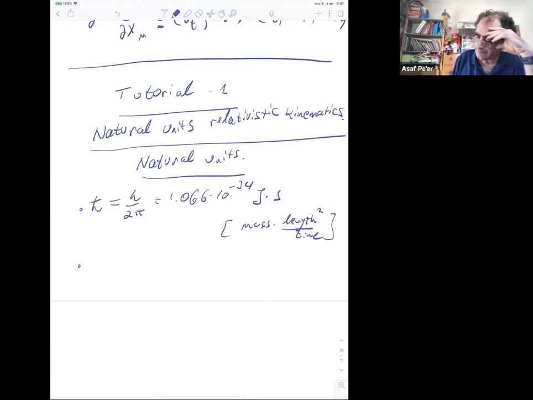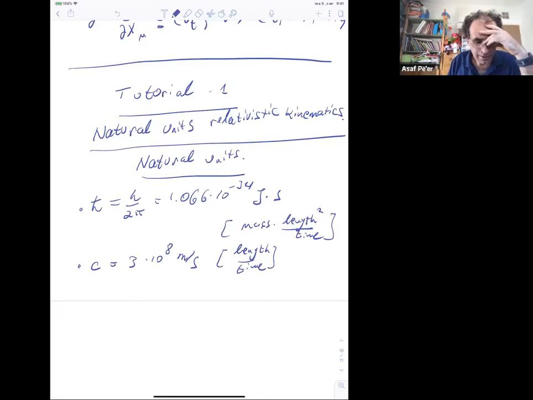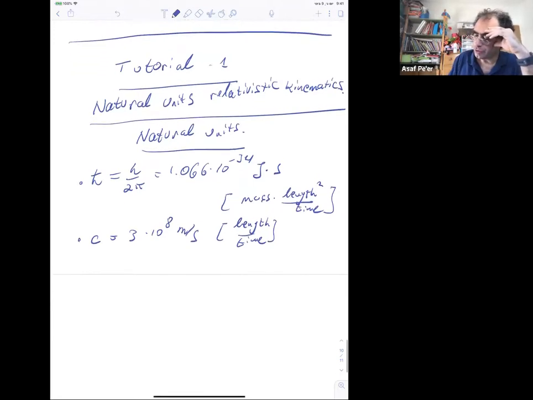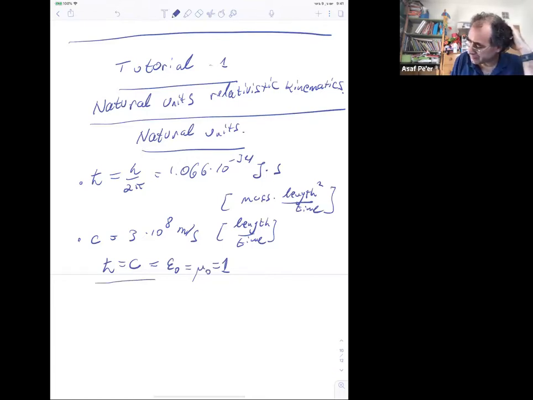And then c, 3 times 10 to the 8 meters per second, units of length over time. And we choose to work with H bar equal to c equal to 1. Also, in electrostatics and magnetostatics we have epsilon zero and mu zero, the vacuum permittivity and permeability, and they are all equal to 1. These are the units that we work with.